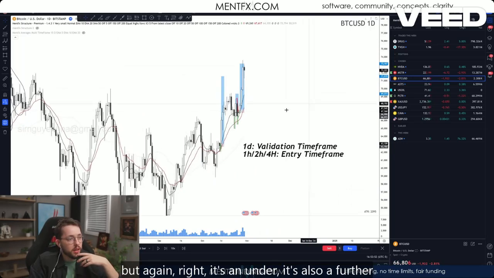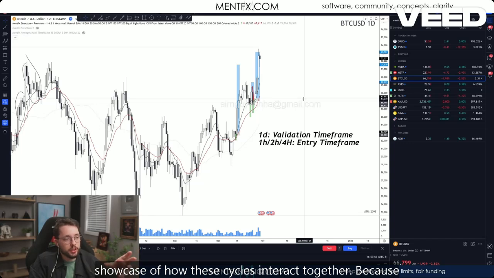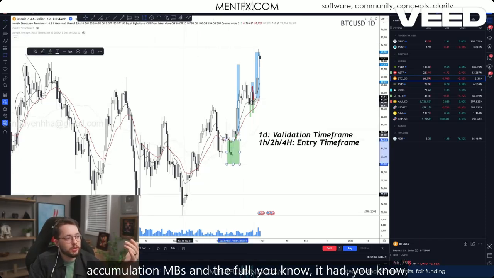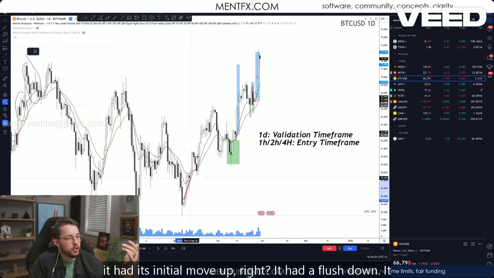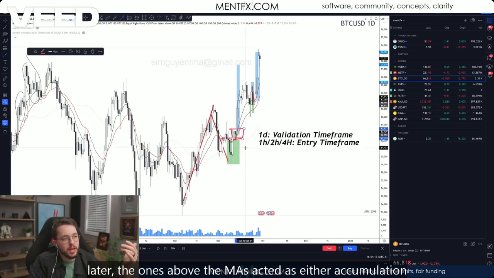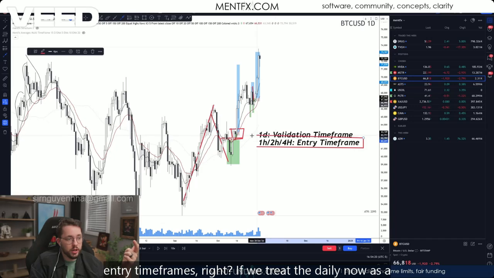But again, right, it's also a further showcase of how these cycles interact together. Because notice that this cycle on the daily began with the accumulation MBs in the full, it had its initial move up, right? It had a flush down. It started to make accumulation MBs. The accumulation MBs later, the ones above the MAs, acted as either accumulation or momentum MBs, which started to act as potentially lower entry timeframes, right?